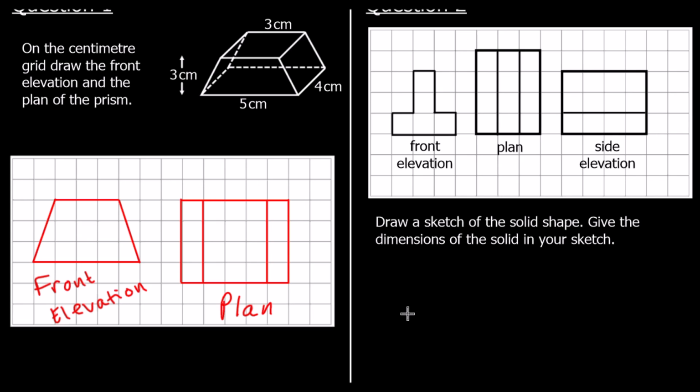We've got an upside down T shape as our front elevation, and it goes back 4 centimeters.